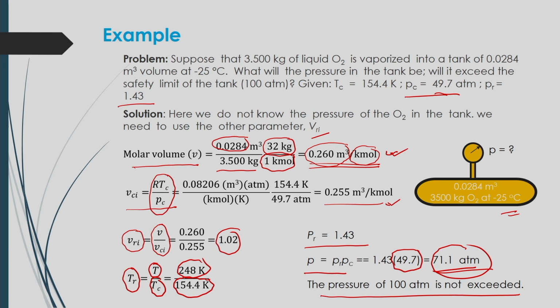So, in this way you can calculate based on the critical temperature and pressure, and how to calculate the molar volume, and also at critical condition how to calculate the molar volume of each component in a particular tank, and also what should be the reduced molar volume for that particular component in the tank, based on which you can easily calculate the pressure simply from this reduced pressure and critical pressure.